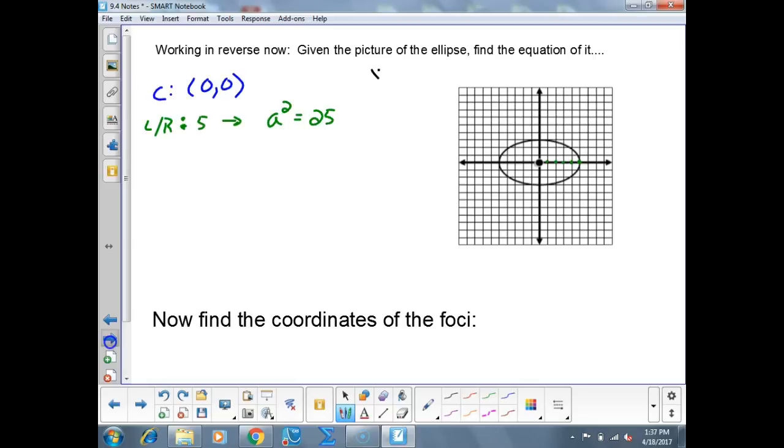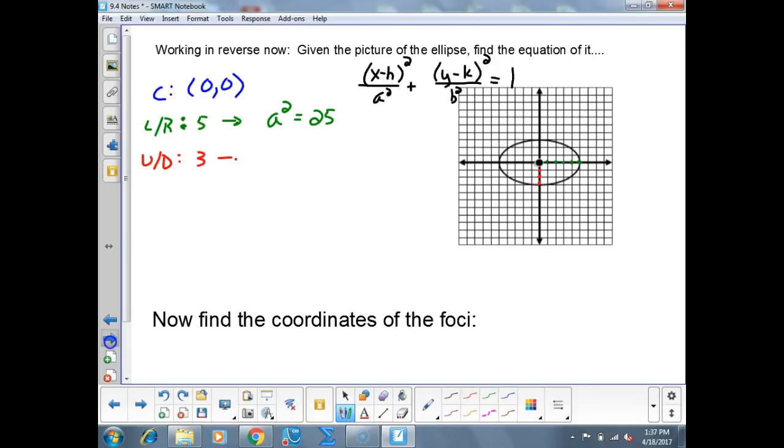Remember that. Okay. So what should we do next then? Up-down distance. What's my up-down distance? 3.